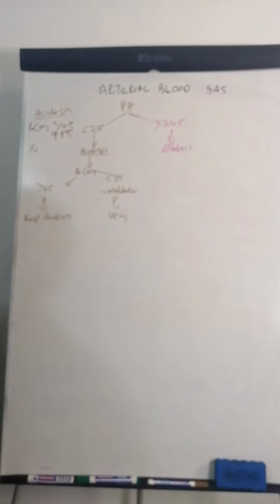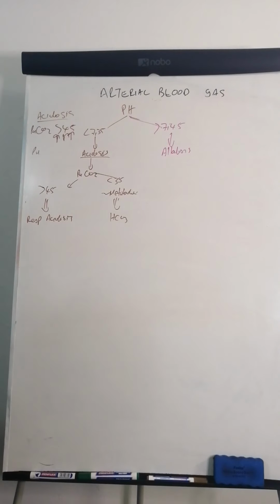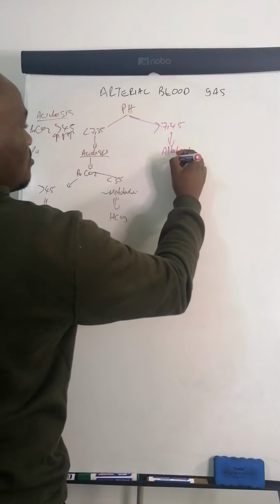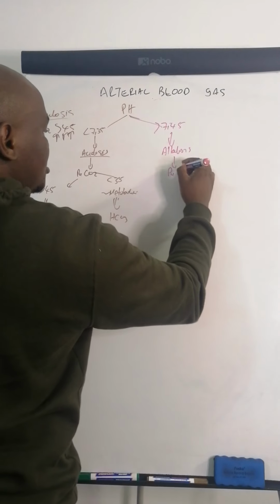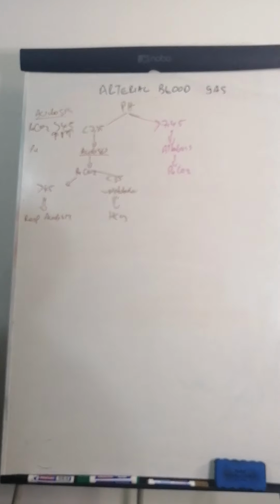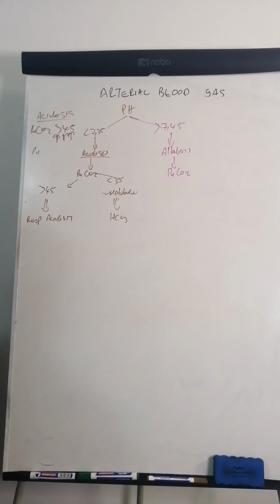We don't know what alkalosis it is. We don't know whether it's respiratory or metabolic. But what do we do? We look at our partial pressure of CO2 again. What is it doing?